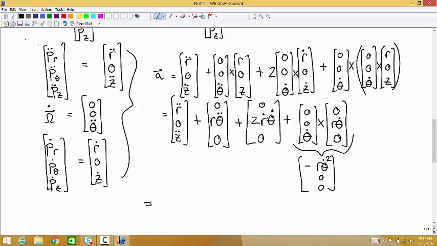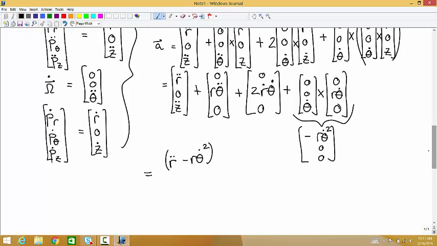And so that acceleration is r double dot minus r theta dot squared. For the theta component, r theta double dot plus 2 r dot theta dot. And then for the z component, z double dot.